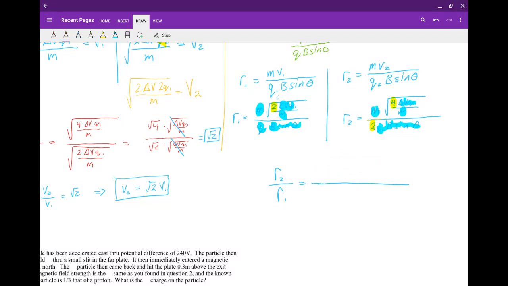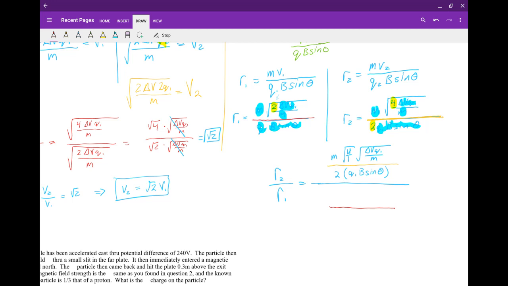So basically this orange line here is going to come in right there, all right? So again, I've got an M, a square root of 4 over 1, and then a square root of delta V Q1 over M. And then on the bottom, I've got a 2, and then I'll put in parentheses Q1 B sine theta. All right. And then this line right here is going to go right there.